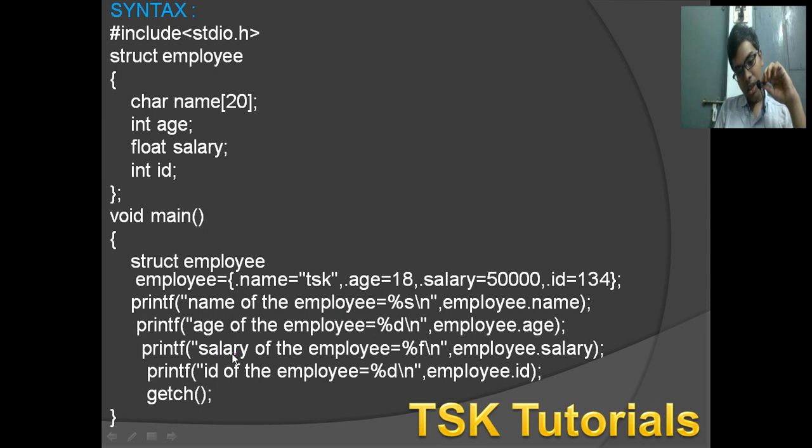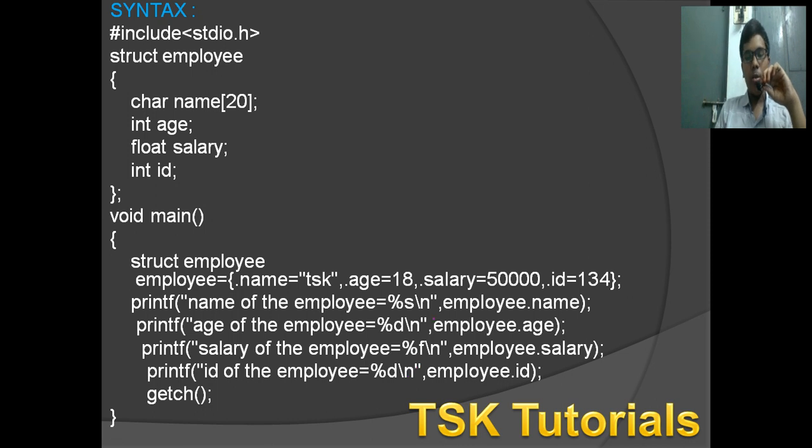Similarly, the salary of the employee can be printed as it has been given as float. You have to print percentage f forward slash n, and employee dot salary. And id of the employee equal to, print the id as it is an integer, with the command percentage d, and there are no further commands. There is no need to give the forward slash n, or if you give it, no error will occur in our program.